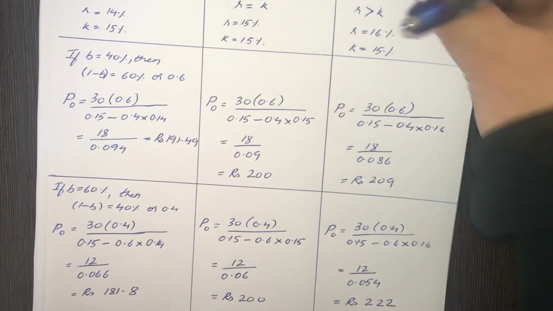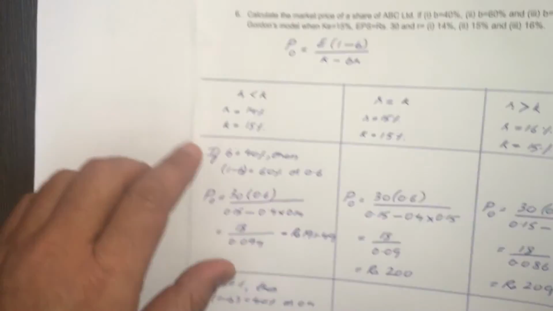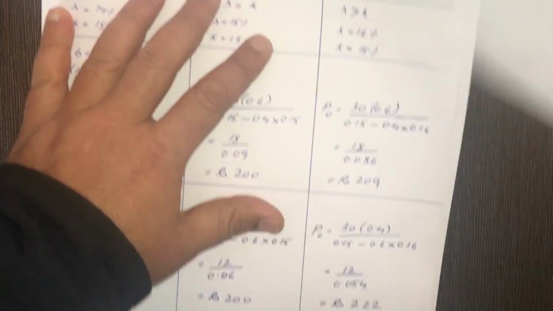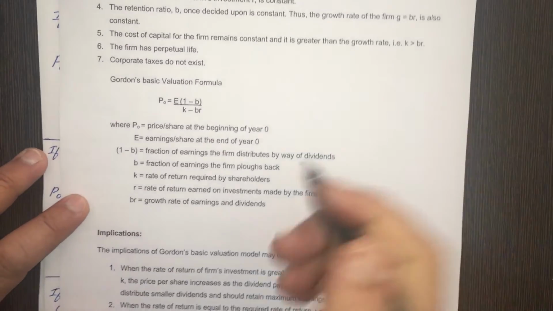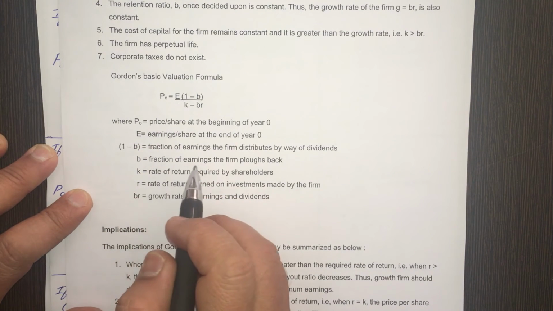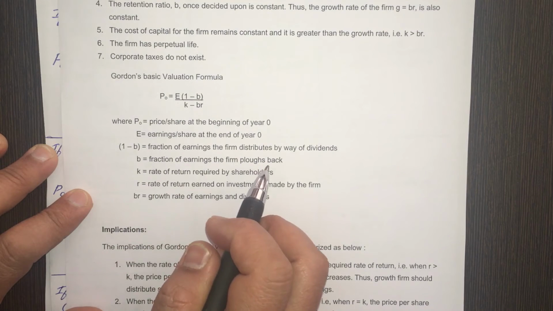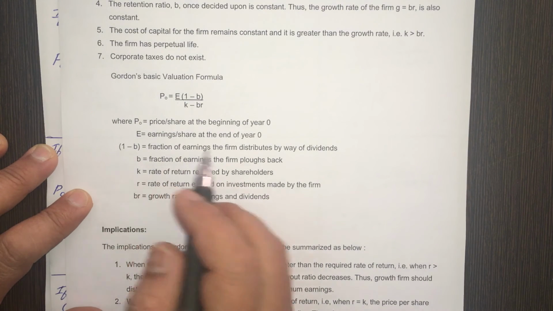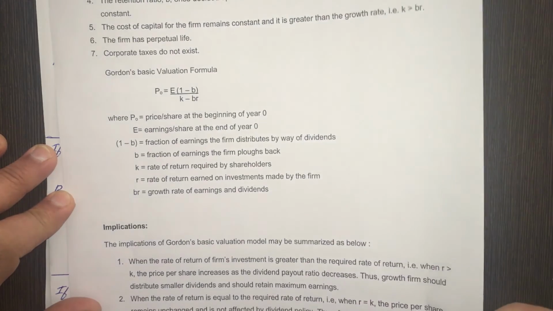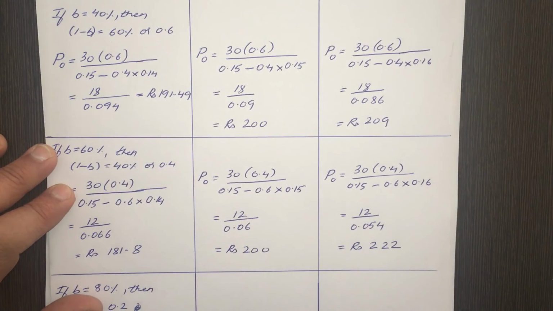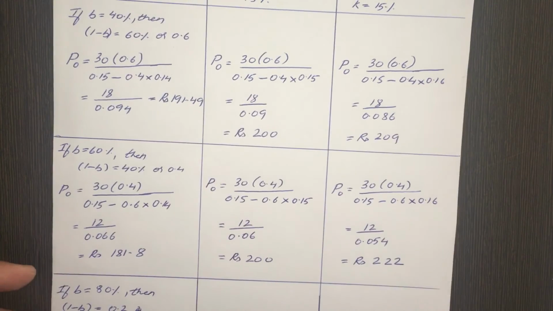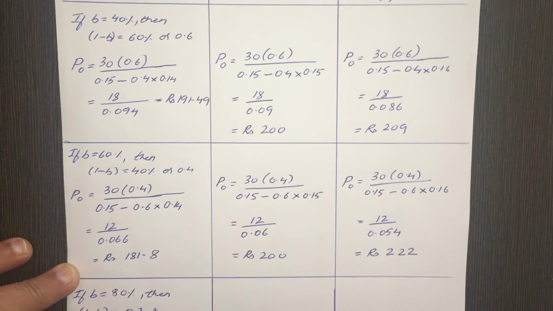Again, to remind you, B here in this valuation model, B is what? Always remember, in this Gordon's valuation formula, B is nothing but the fraction of earnings the firm plows back, and 1 minus B is the fraction of earnings the firm distributes by way of dividends. In other words, 1 minus B is the payout ratio. Now if 1 minus B is the payout ratio, then B is the fraction of retained earnings.